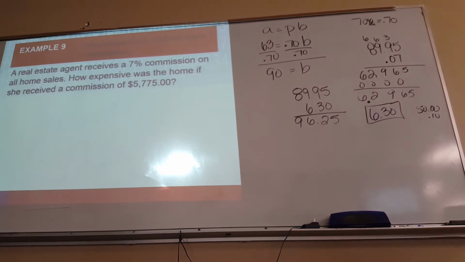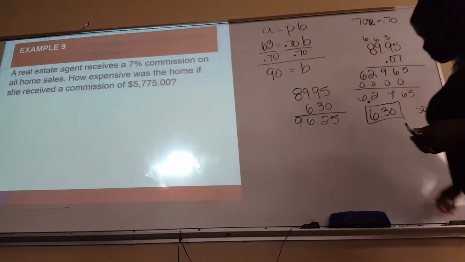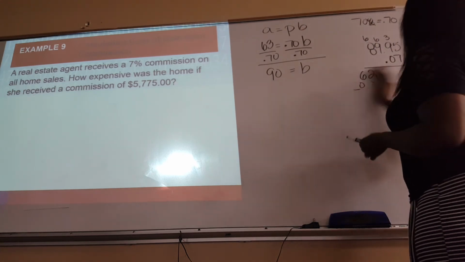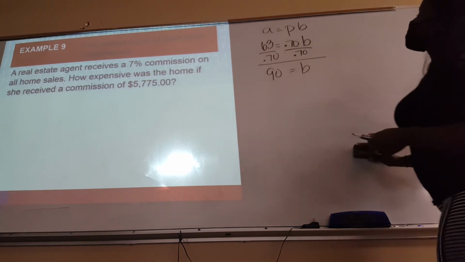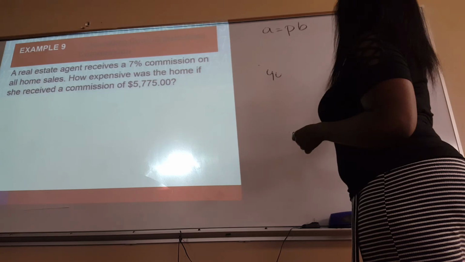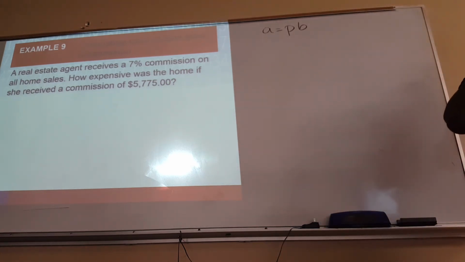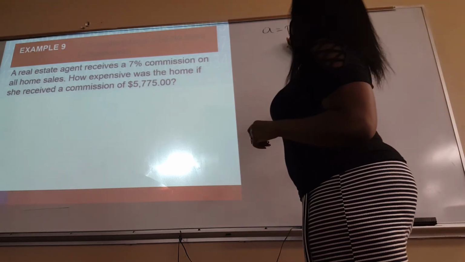Even though they're big numbers, we still can use the same equation. So we divide. You need to set it up in that equation. So we know we have 0.07.